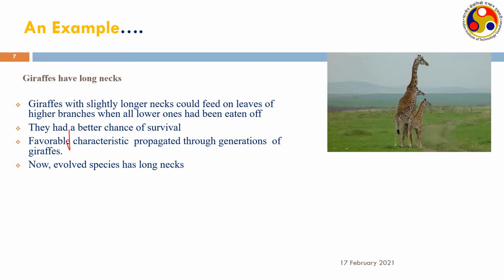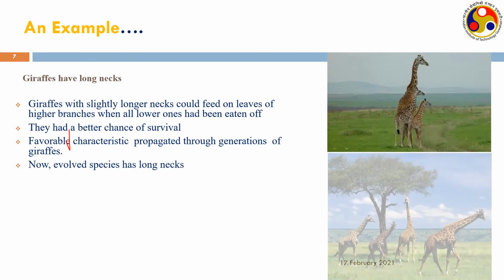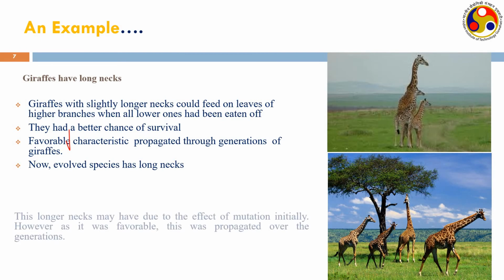So the species has a long neck. That is what we can see. This longer neck may have been due to the effect of mutation initially, as I said. Because of some mutation, some giraffes initially had a longer neck.